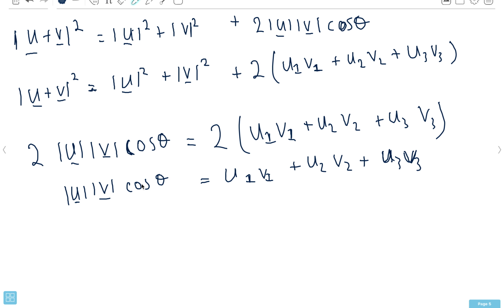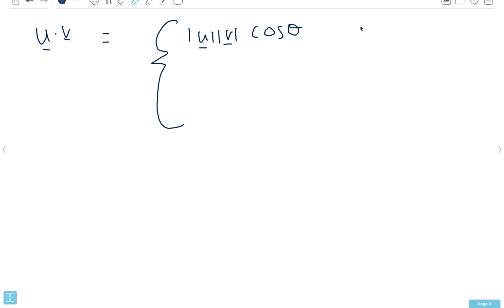And this is the first part. Not sure we've proved, okay, yeah, we haven't. If you remember from the definition of the dot product that we use, it's mod u mod v cosine of theta when u does not equal 0 and v does not equal 0.